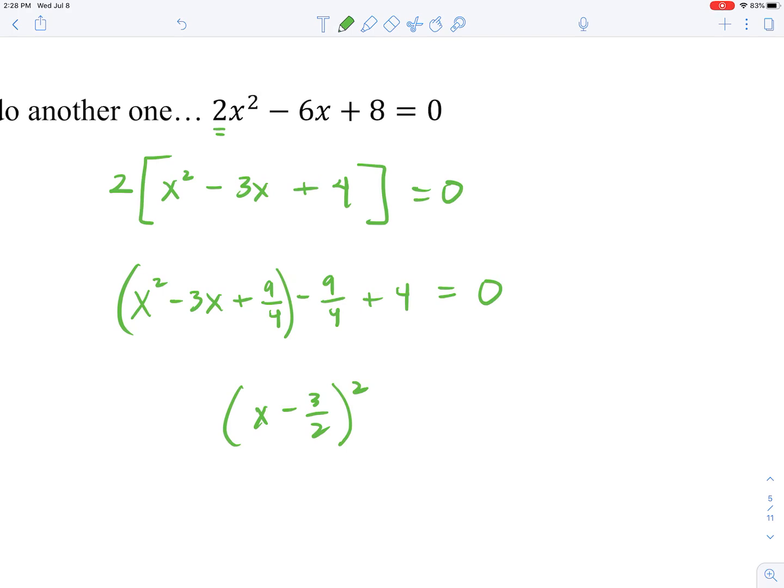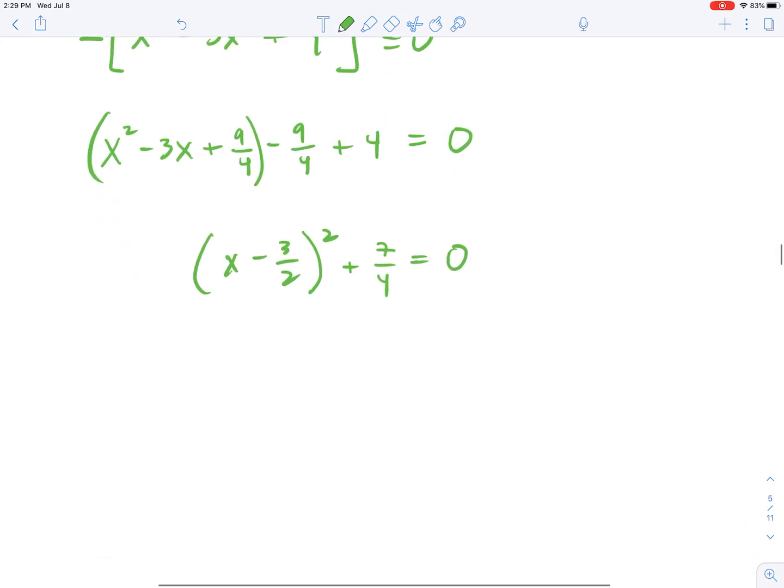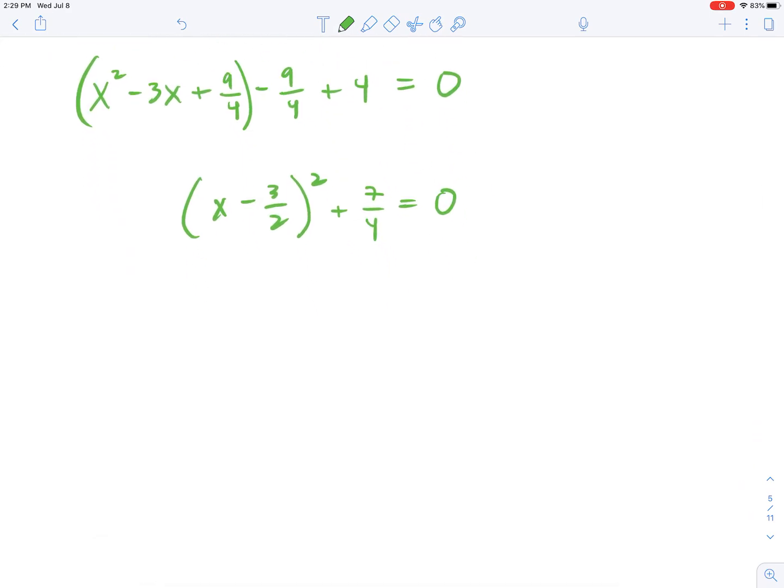And then I'm going to just go straight to factoring here. So that'll be x minus 3/2 squared. And then negative 9/4 plus 4 would end up being, is that 7/4? Yeah, 7/4. Because that would be negative 9/4 plus 16/4.